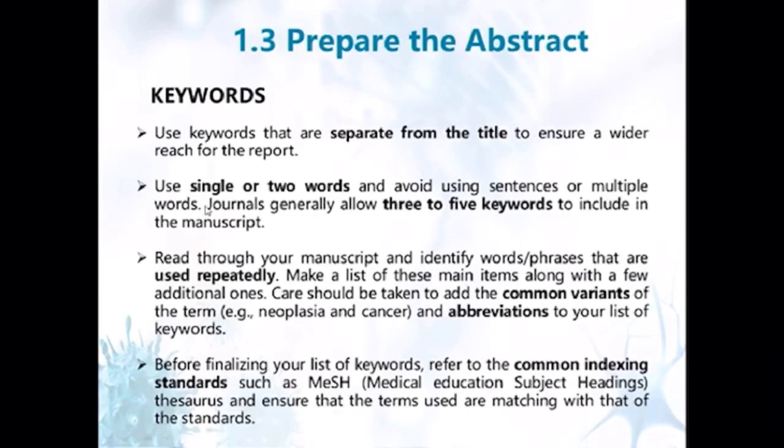Keep in mind that journals generally allow 3 to 5 keywords in the manuscript. You have to read through your manuscript and identify words or phrases that are used repeatedly. Make a list of these main items along with a few additional ones. That means if a word is used repeatedly in your paper, then use it as a keyword.